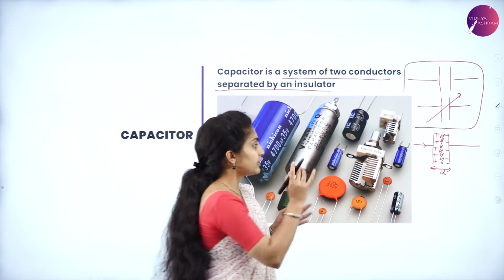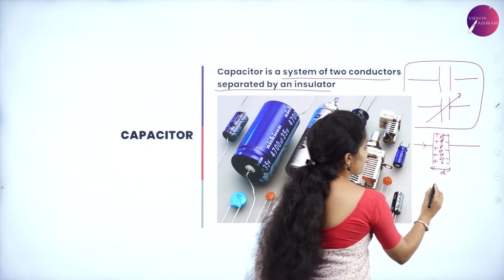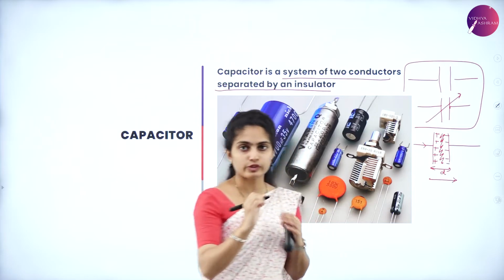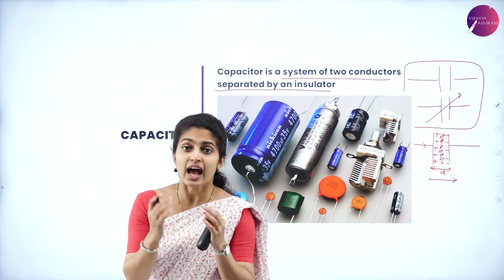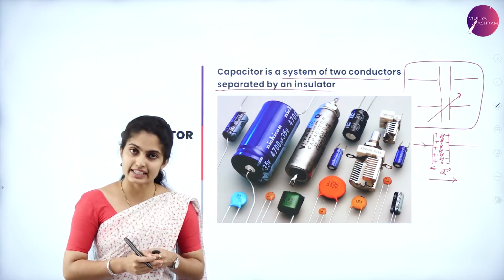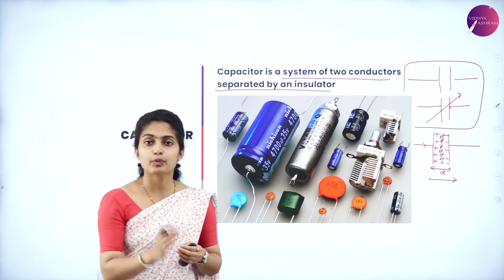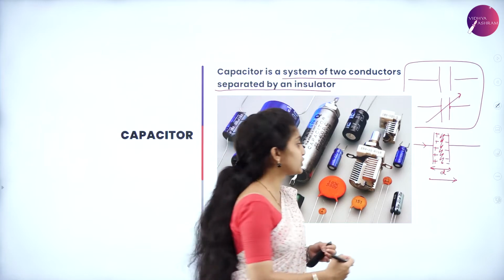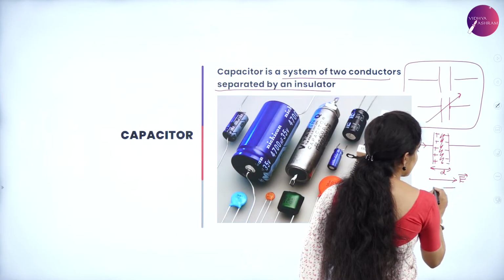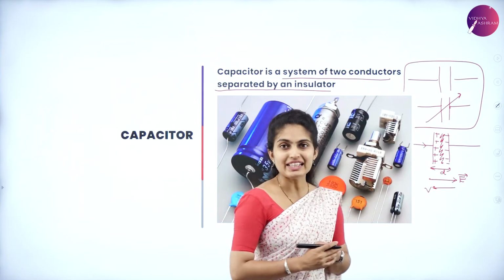Here there is an electric field which passes. The electric field direction is from positive to negative. And how does the potential act with regard to the electric field? The potential is always opposite to the electric field. So if this is the field, this will be the potential which is acting.